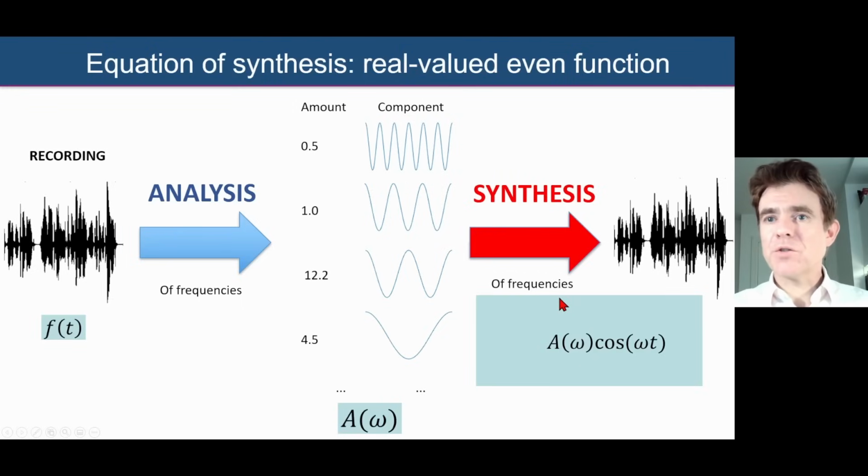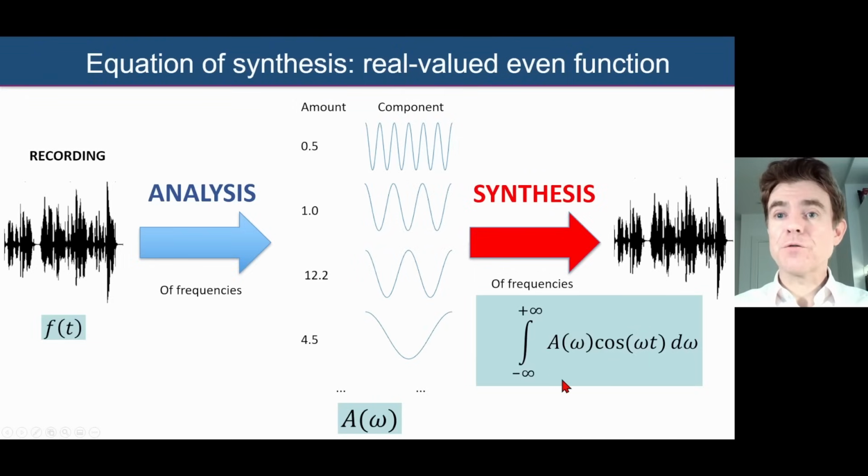So now to get to some of the mathematics, we're saying we've got an amount A of frequency omega, so that's A of omega, and that is a scaling factor or a coefficient or a weighting factor for a cosine of a particular matching frequency omega. So we've got a cosine of a particular frequency omega and the amount A of that frequency. Then what we're doing in the synthesis, as touched on briefly earlier, is that we're summing over all of the various frequencies. So this summation is over frequencies omega.